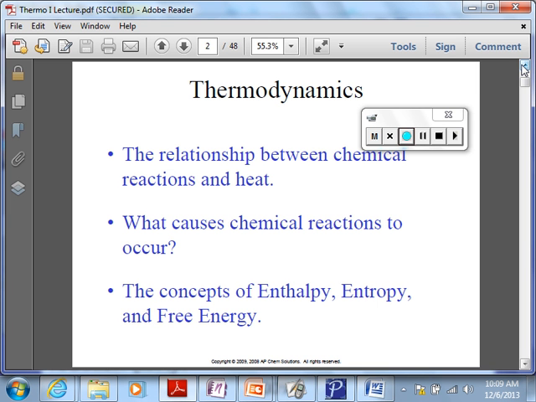Like for example, a gas has more entropy than a solid, so it's more random. We're going to represent that with delta S. Entropy is delta S. And then free energy is delta G, which we've already looked at being positive or negative.